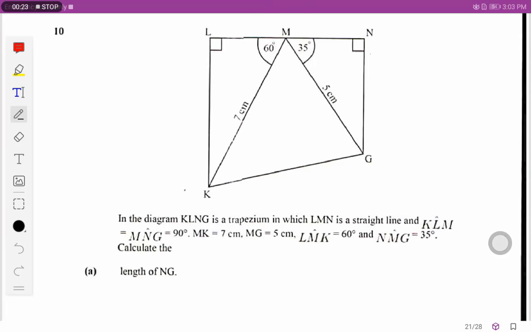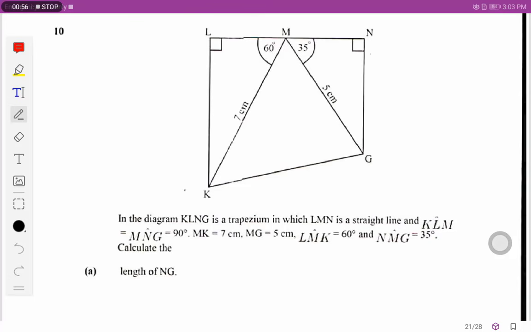And angle KLM is equal to 90 degrees. Okay, I see them. MK is 7 centimeters, and MG is 5, angle LMK is 60 degrees, and angle NMG is 35 degrees. Calculate the length of NG.